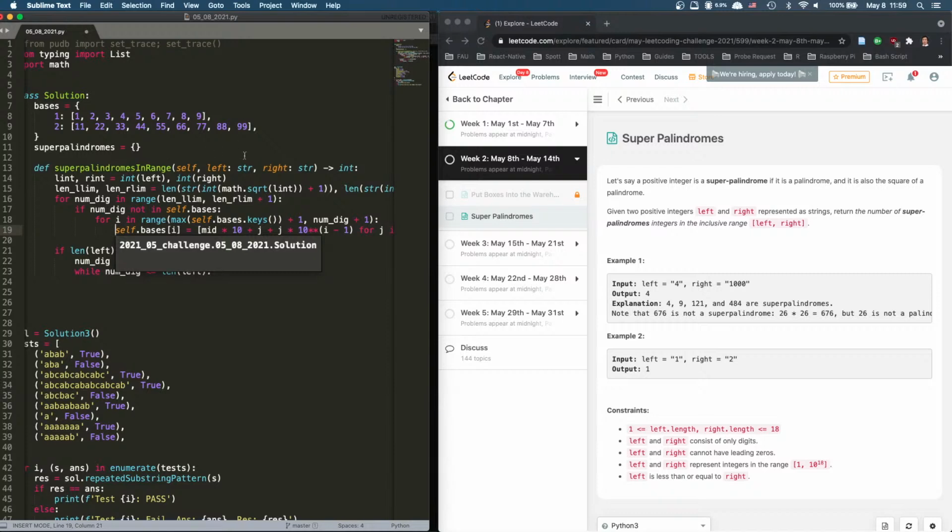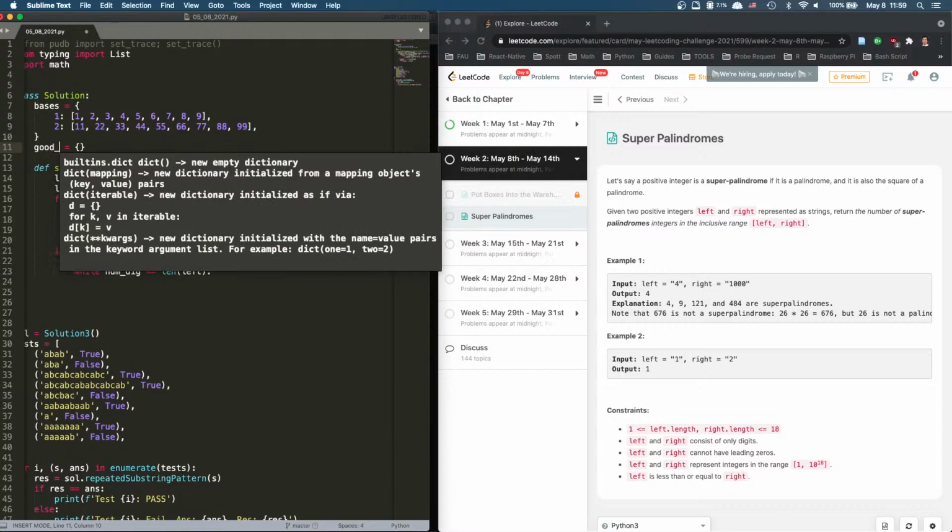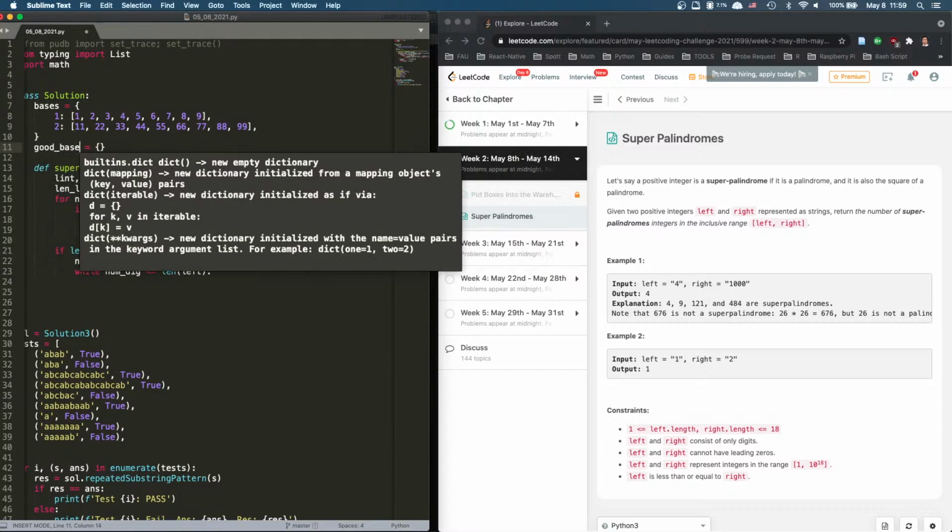So now we have num digit. Now we're gonna check the num digit, and then we just say, for the base in this base, we're gonna list the values. So we're gonna say a good base, right? Good bases.